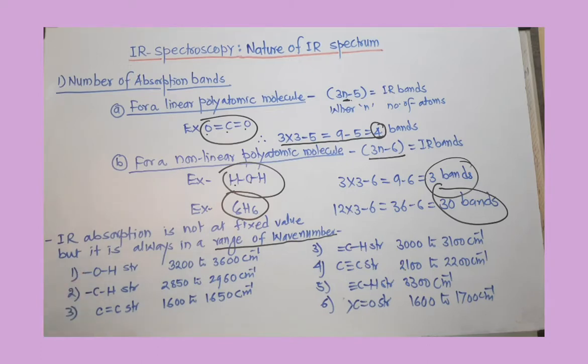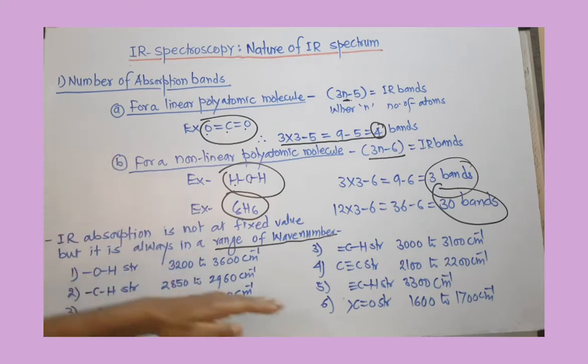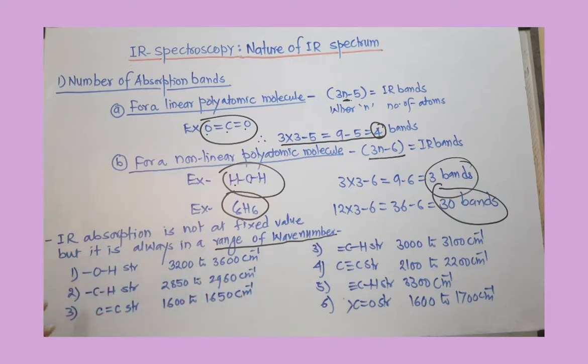For example, I have taken a few examples. You can collect many more from books or the internet. Due to lack of time and space, I am not able to tell you the range of wave number for all bonds.